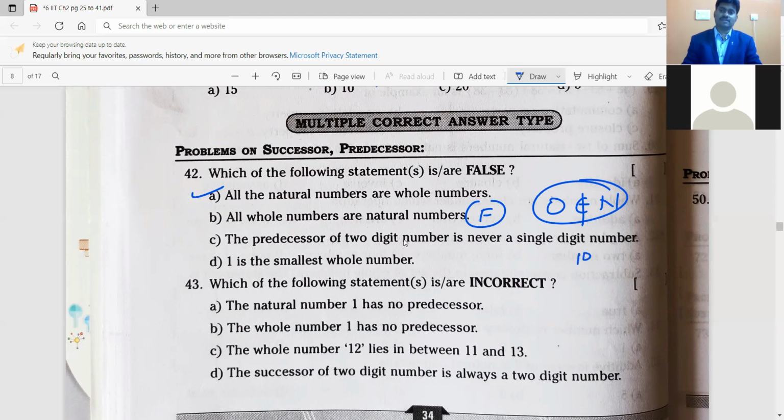Predecessor of the smallest two-digit number. See, all whole numbers are natural numbers is wrong. And the predecessor of a two-digit number, I will take 10 minus 1. 10 minus 1 is how much? 9. Single digit only coming. So this is also false. 1 is the smallest whole number. False, because 0 is the smallest whole number. Like this.